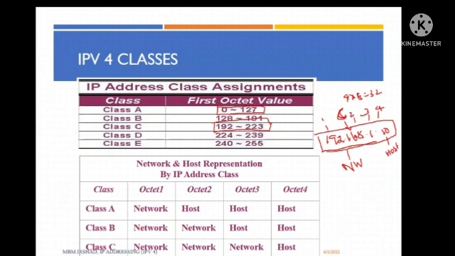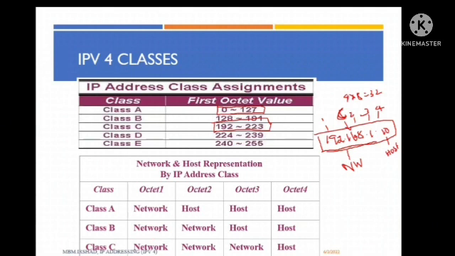So in class C, these 3 octets are network and this last one is host. But if you look at class A, the first octet refers to network. The rest of the octets belong to host.